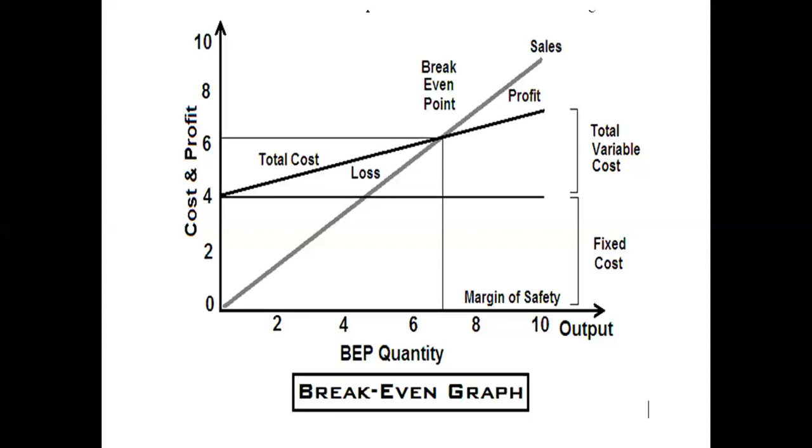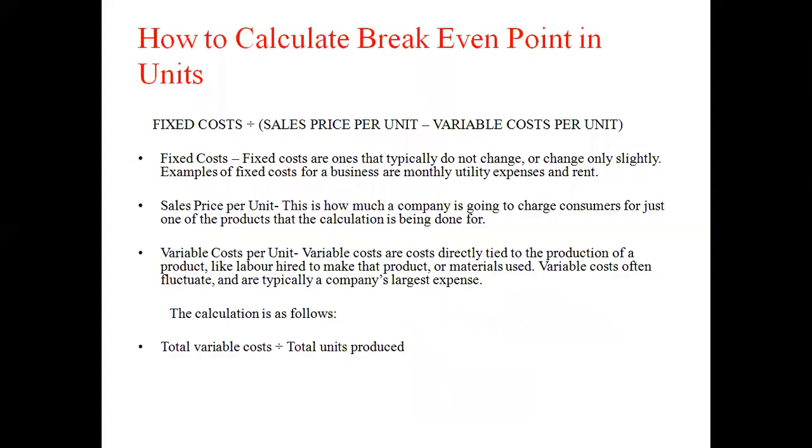Then contribution. It is the difference between the selling price and the variable cost. So contribution is nothing but the difference between the sales price as well as the variable cost. See here, fixed costs are nothing but the ones that typically do not change, or they change only slightly.